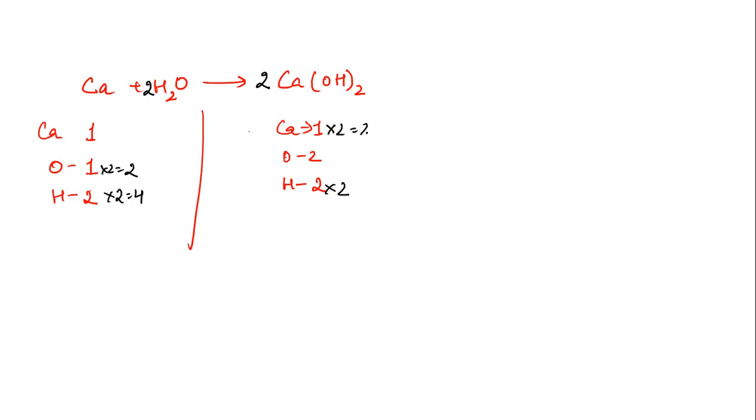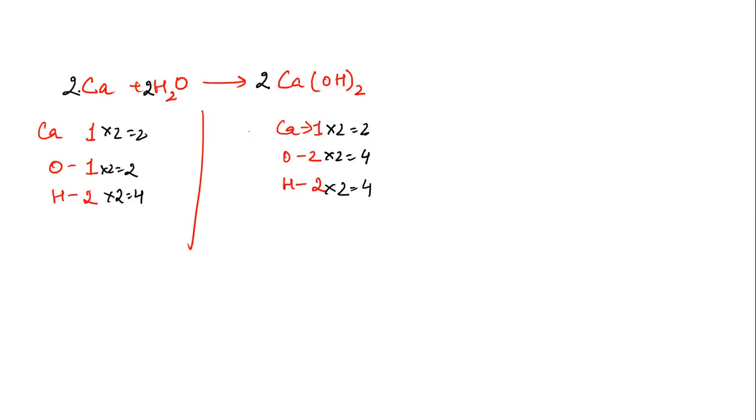Calcium will become 2. Then oxygen will become 4. Again, this 2 is with calcium, this 2 is with oxygen. And hydrogen is 4. Now, in order to balance calcium, I need to write 2 to this side. Clear?